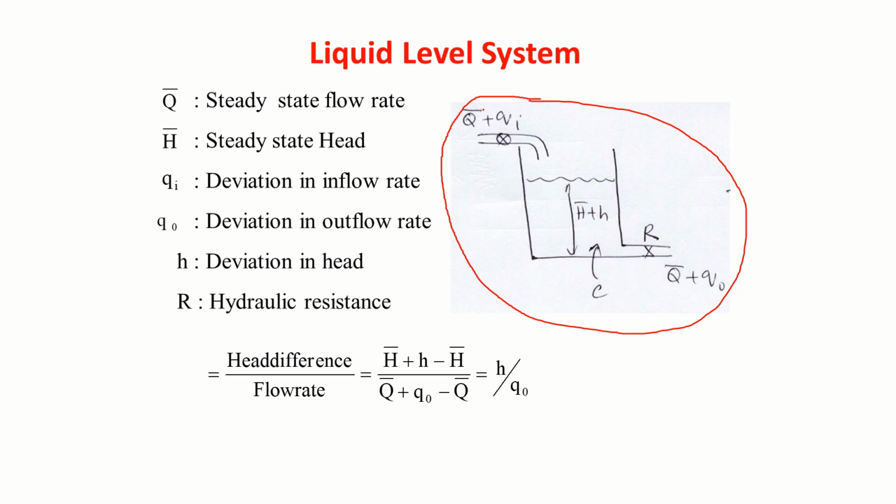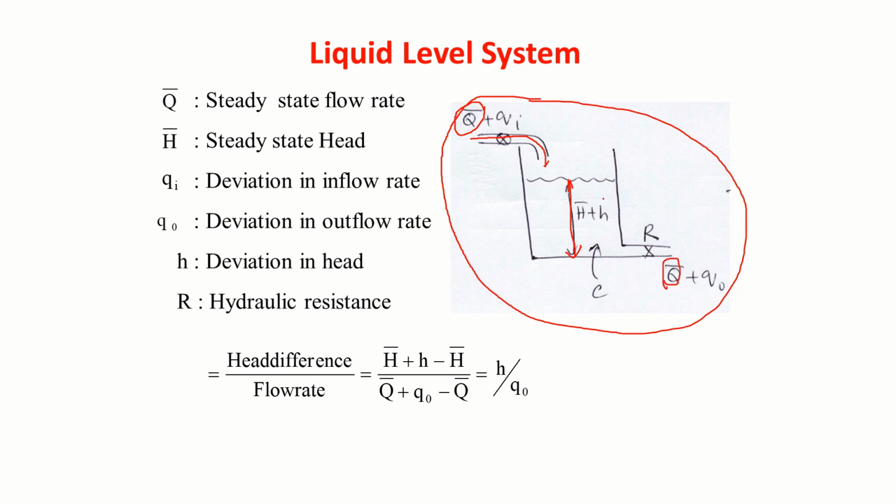Into this tank, let us say in the steady state condition, Q bar is the steady flow rate, the rate at which the liquid is entering. Imagine that to begin with, H bar was the head of liquid in the tank and Q bar is the outflow rate.